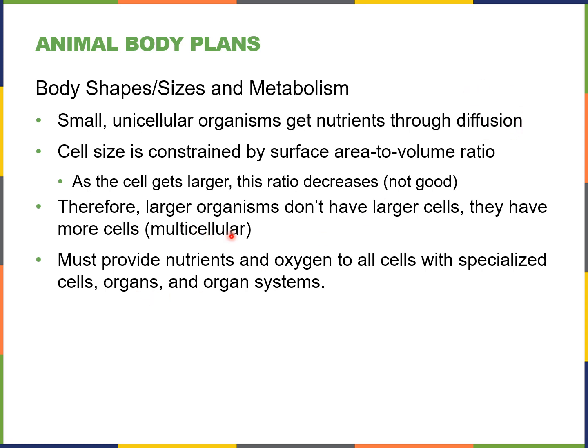Whereas our larger organisms are becoming multicellular, and they have to get all their nutrients and oxygen to all cells that are in their body, including specialized cells, organs, and organ systems. Remember, we started off with how the body is organized, starting from atoms, but then going into eventually cells, and then tissues, organs, organ systems, and then the whole body.